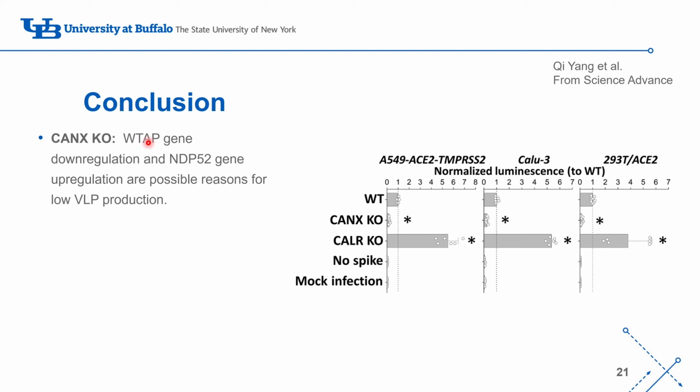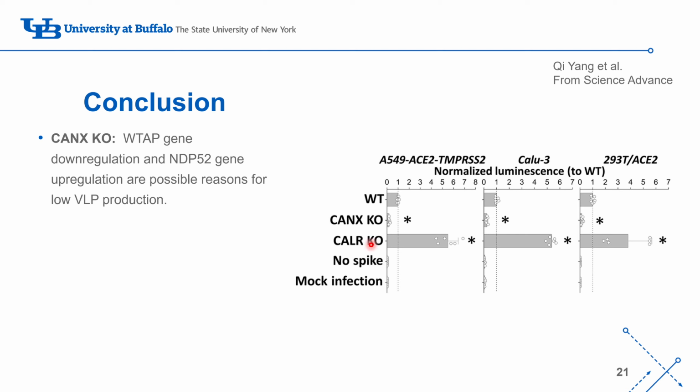So the combined effect of these could be the reason why we do not see any VLP signals in the calnexin knockout, whereas these genes are not shown in the calreticulin knockout. That's why we see high production of VLPs in the calreticulin knockout.